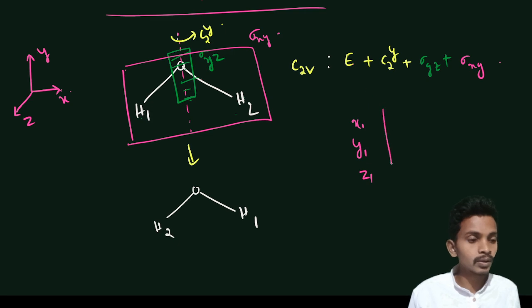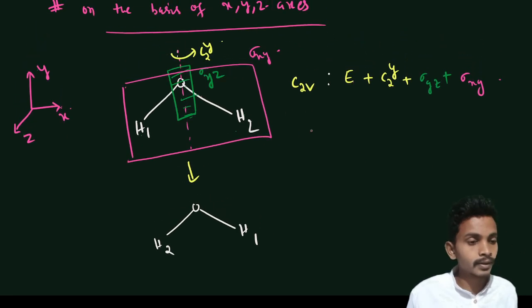So due to E nothing will change. So this will be 1, 1, 1, and so we can say that E, C2y and sigma z.